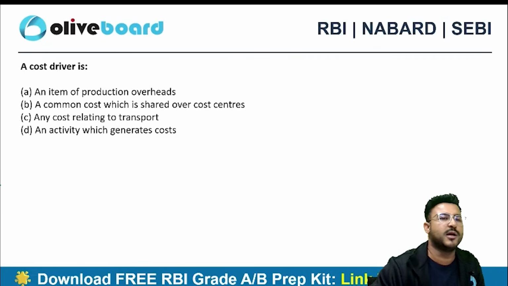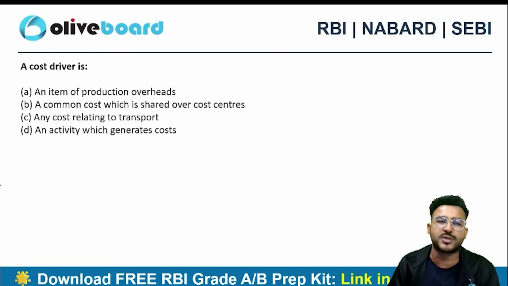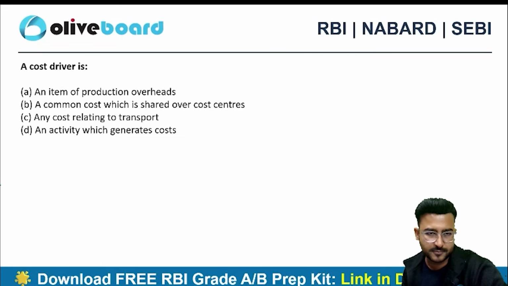Tell me what a cost driver is. A cost driver is an item of production overhead, a common cost which is shared over the cost center, a cost relating to transport, or an activity which generates the cost.